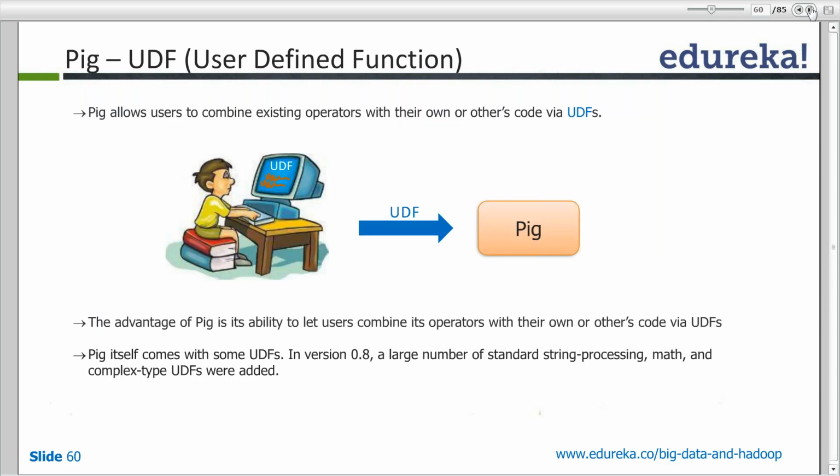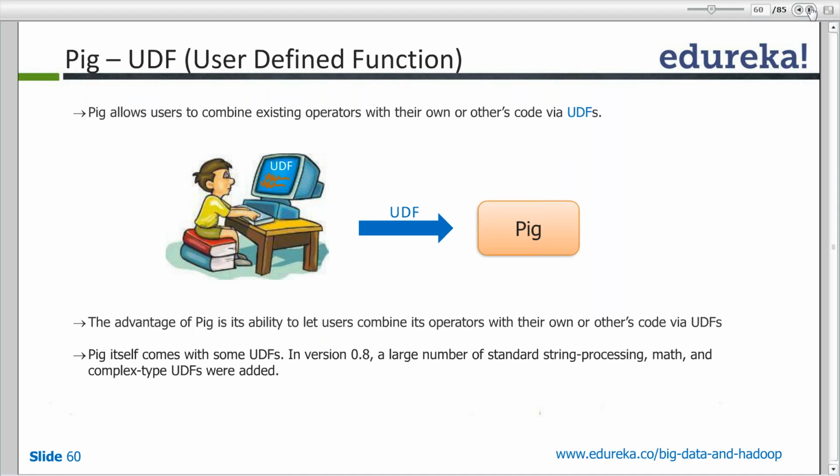Now Pig UDFs. Right, so we have already discussed that you can create UDFs for those pieces which are not provided by Pig directly. You can basically add your custom logic of processing and give it to Pig. That's called a user-defined function. So Pig allows users to combine existing operators with your own code using UDFs.